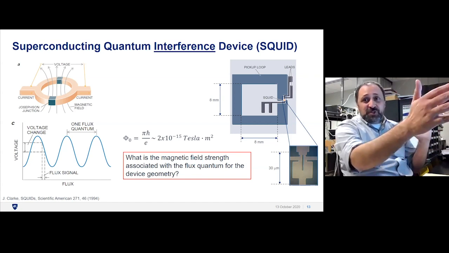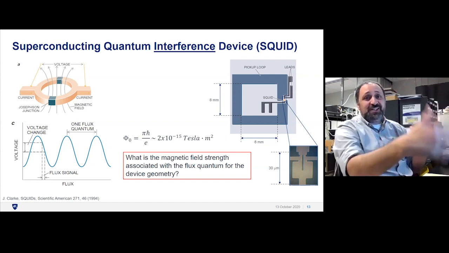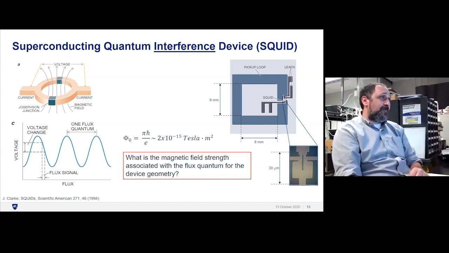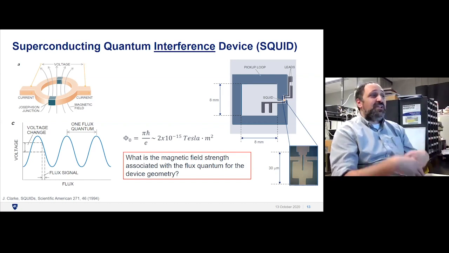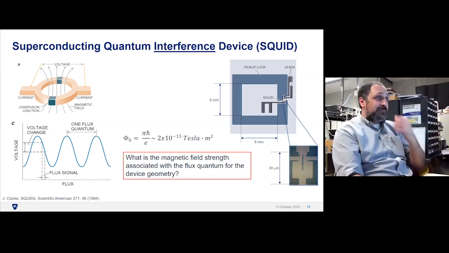And so then it just goes over to the other side. It appears at the other side. That's tunneling. And by that, there's a communication of the phase of the superconducting state across there. So see, it's an interference device. And we're coming to the concept of phase that has to do with waves.